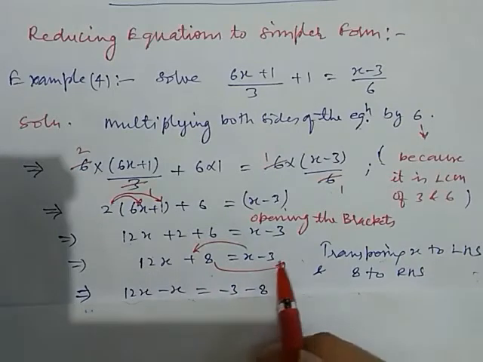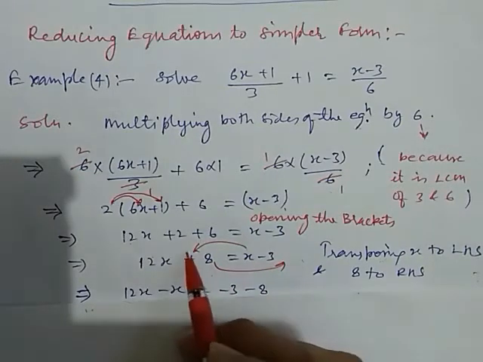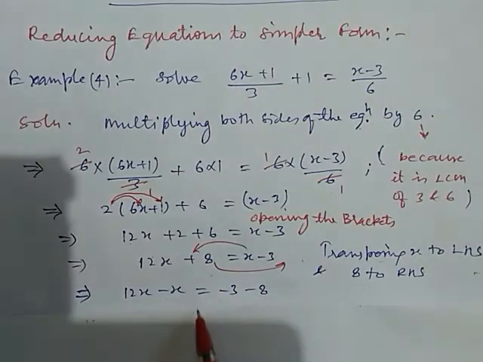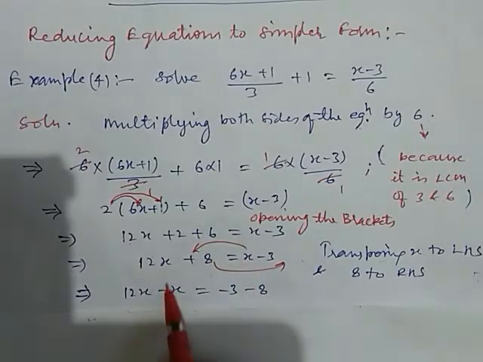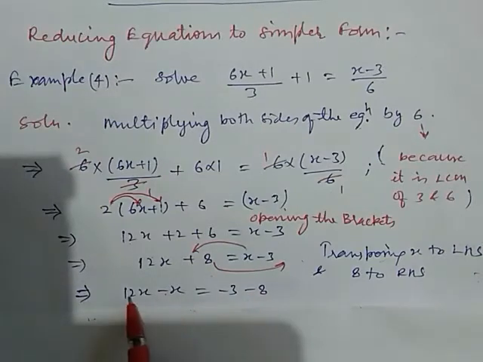This 8 is transposing to RHS and this x is transposing to LHS. Okay, when we transpose, signs are changed. So x from positive becomes negative, and 8 from positive becomes negative. Okay, so we receive 12x minus x equal to minus 3 minus 8.